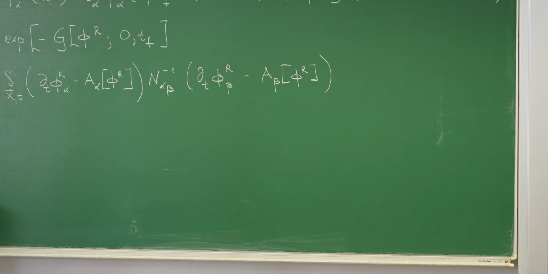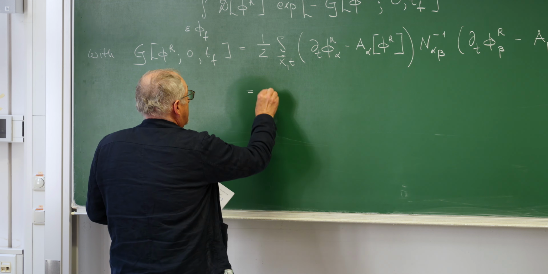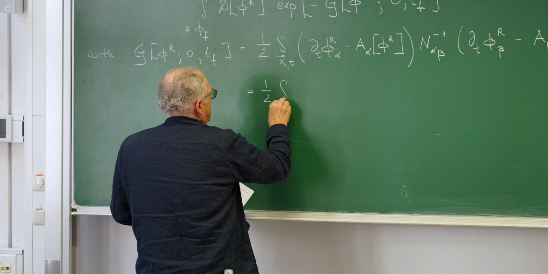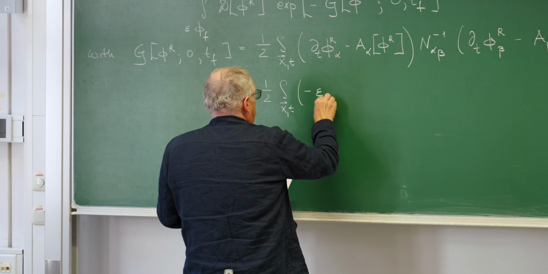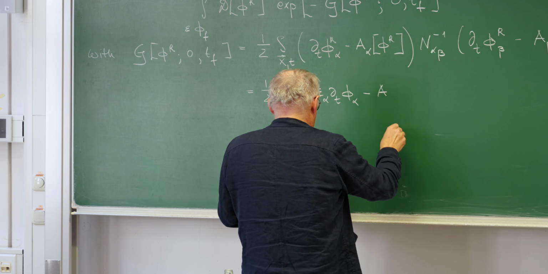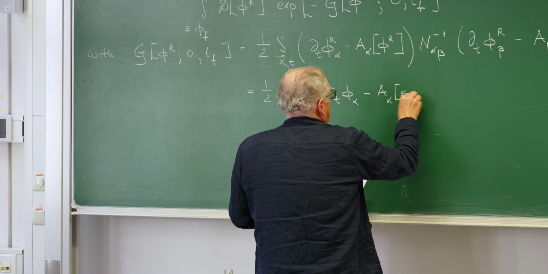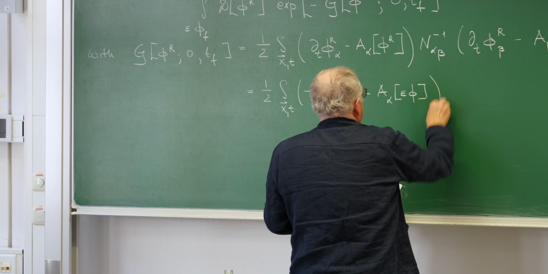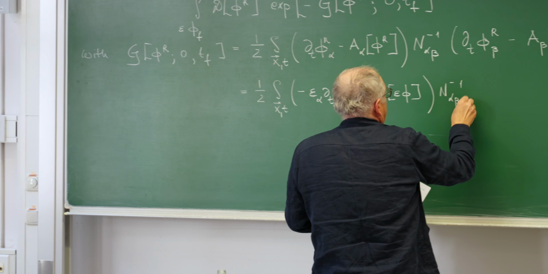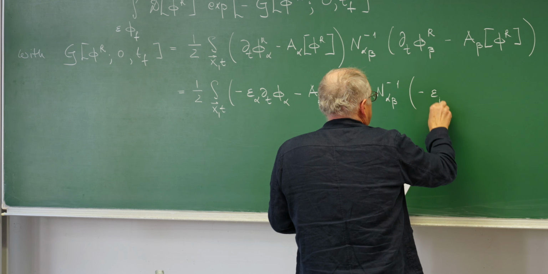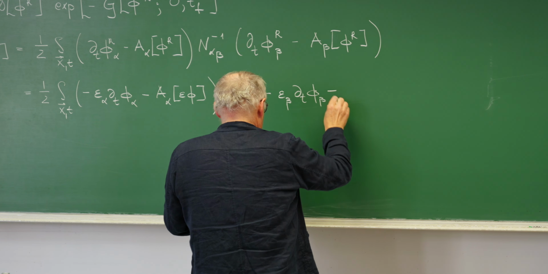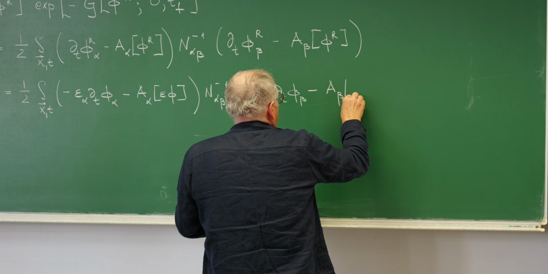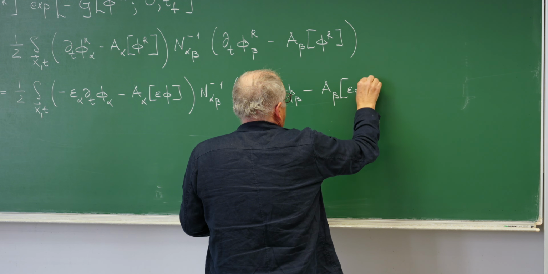Now, you can rewrite this back in the following way, and I'll show you in a second how this works. So xt minus epsilon alpha dt phi alpha minus a alpha epsilon phi, n alpha beta to the minus 1, minus epsilon beta dt phi beta minus the drift term epsilon phi.